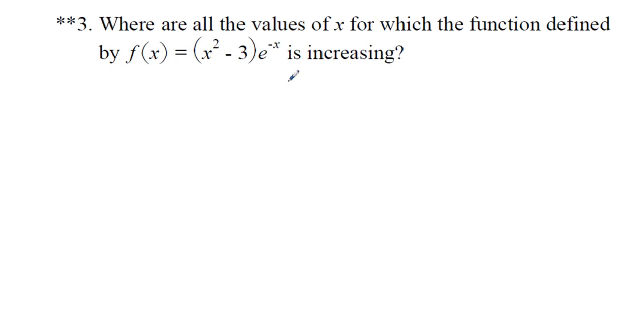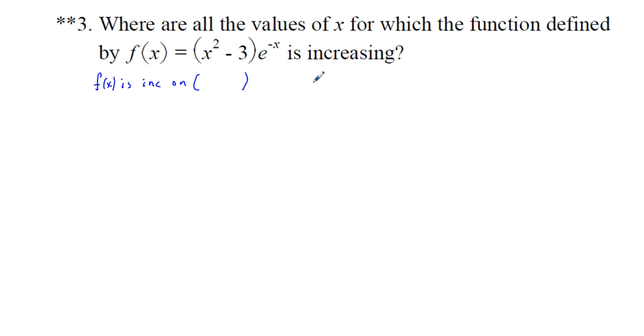Next, 3. Where are all the values of x for which the function defined by f of x equals 20x squared minus 3 times e to the negative x power is increasing? So again, f of x is increasing on interval.